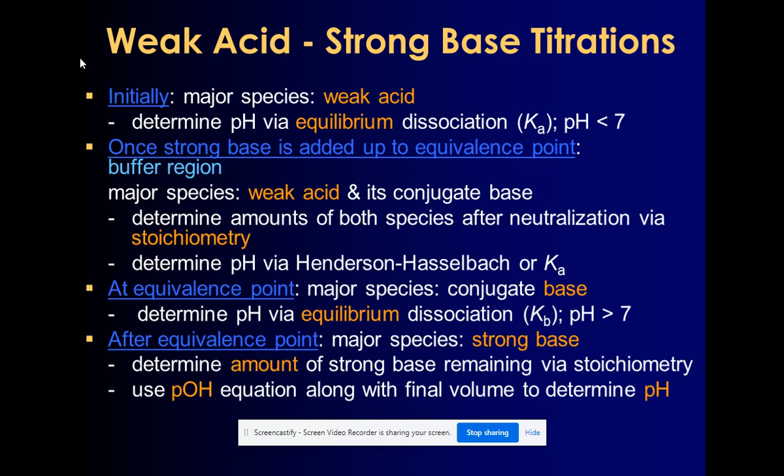You would still have the weak base that formed, but strong base is going to have more of an influence on pH than weak base. And so you would need to figure out your concentration of the strong base that is remaining after you've neutralized some of it and use your pOH equation. I'm sorry I didn't leave you enough room to write the pOH equation. And that along with the final volume to determine the pH that's present in your mixture.